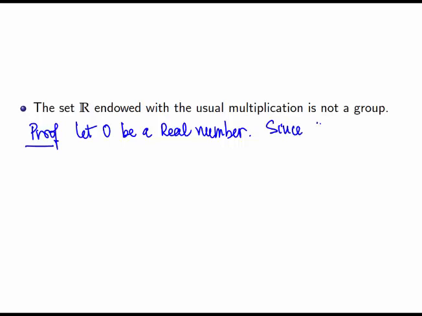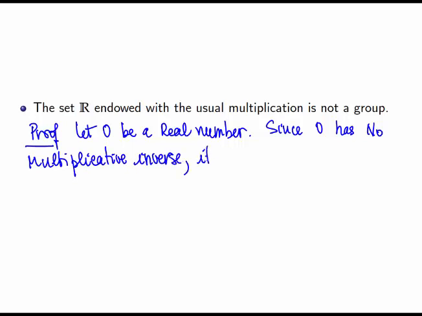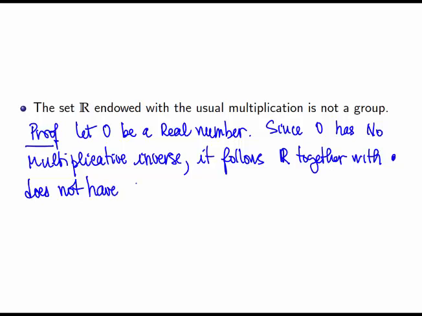Since 0 has no multiplicative inverse, it follows that R together with multiplication, which I'll denote by dot, does not have the structure of a group.